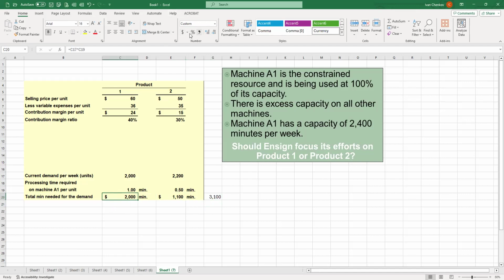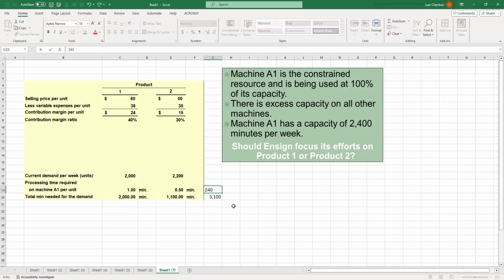That's not a dollar amount, that's a number of minutes. How many minutes can machine one give me? 2,400 minutes. Do I have enough minutes to satisfy my demand? No. How many minutes am I short? I'm short 700 minutes. Make sense?